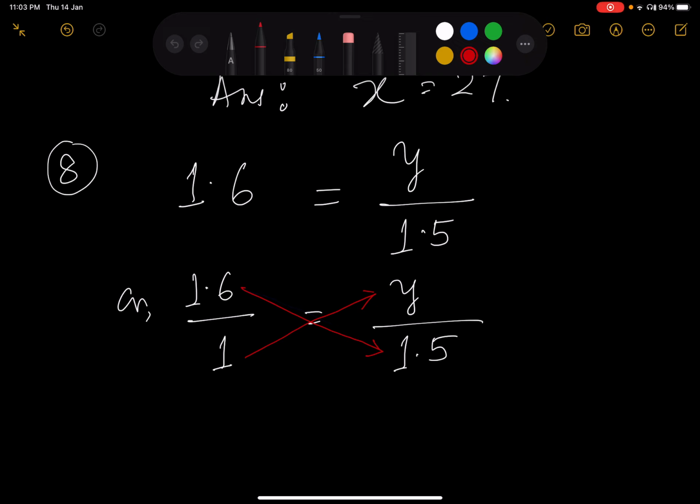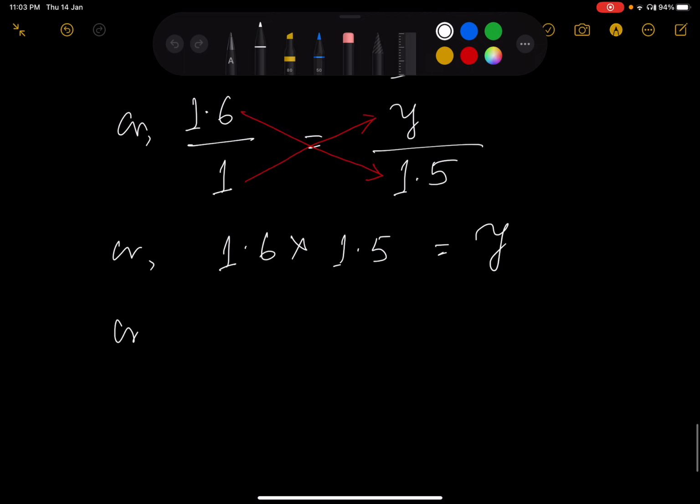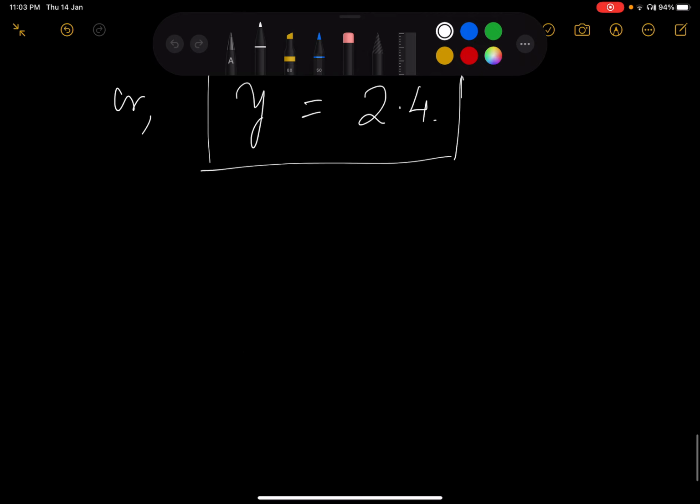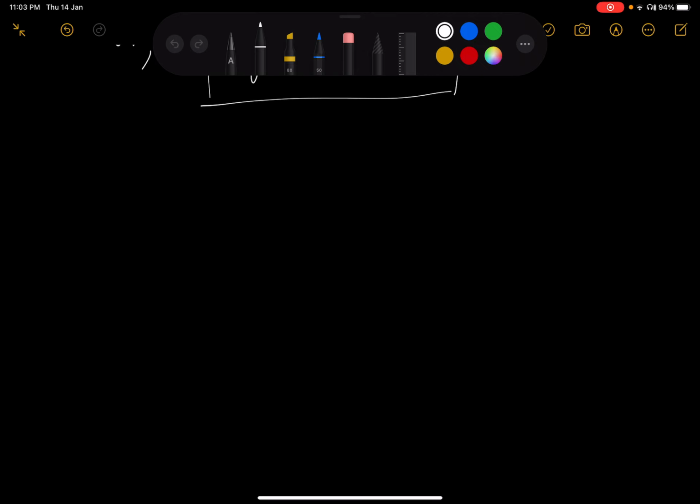So this will be equal to how much? 1.6 into 1.5 is equal to y into 1 means 1 y only, or you can calculate this, multiply 1.6 into 1.5, you will get 2.4. So this is your answer. Y is equal to, or the unknown variable is equal to 2.4.